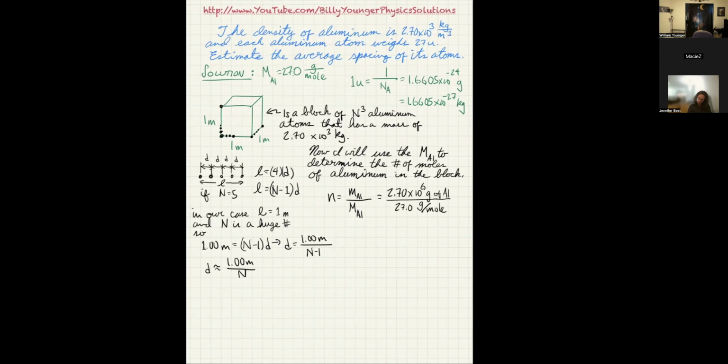Luckily, the density and the atomic mass both have the same first three significant figures, so it's going to come out to a nice, easy number.